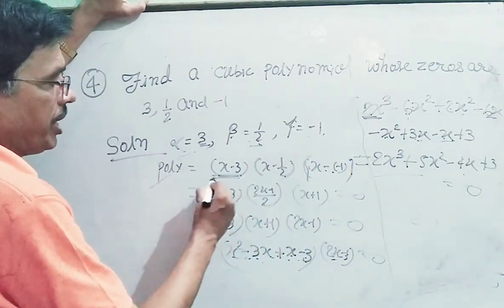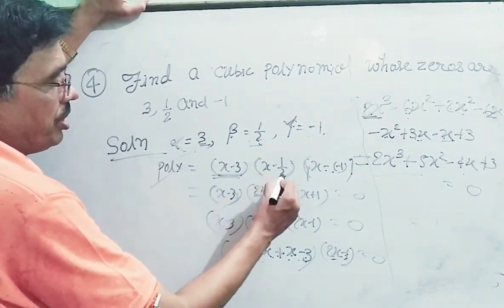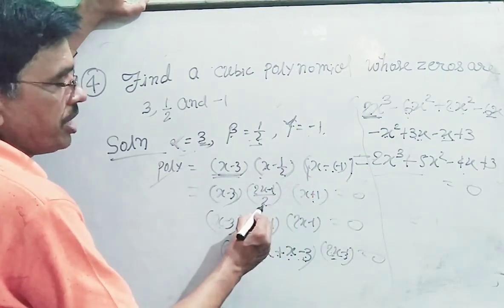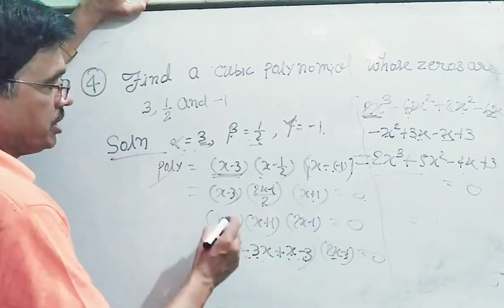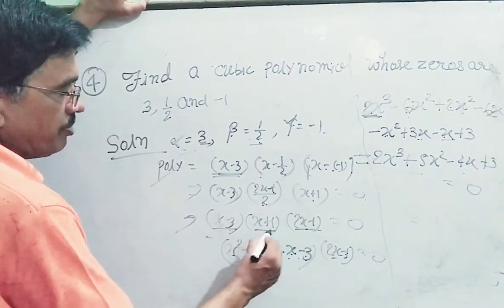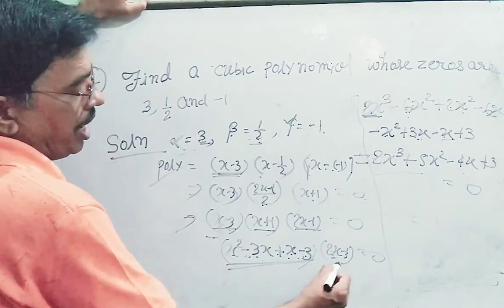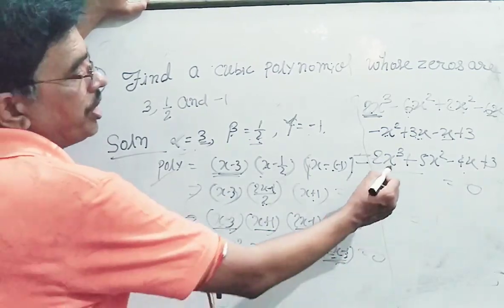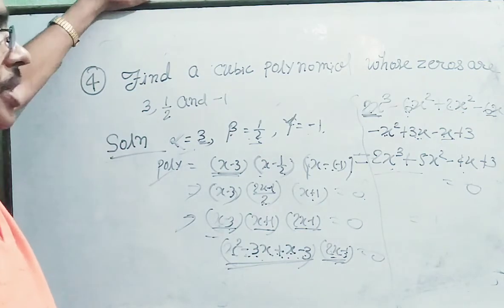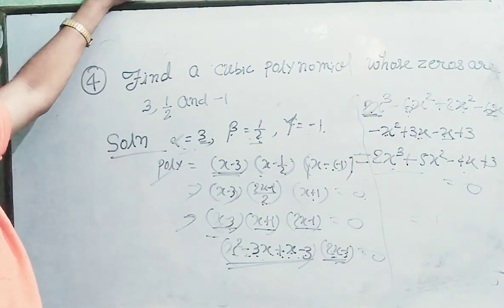Then you get here x minus 3. Next, you take LCM, that is 2x minus 1, and here is x plus 1. The denominator goes to that side, that is 0. Here is x minus 3, x plus 1 and 2x minus 1. First multiply between them, then multiply with the last factor, and you get your solution. It is the cubic polynomial when alpha, beta and gamma are given.